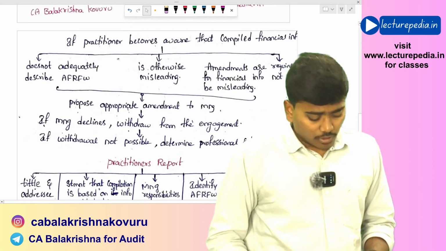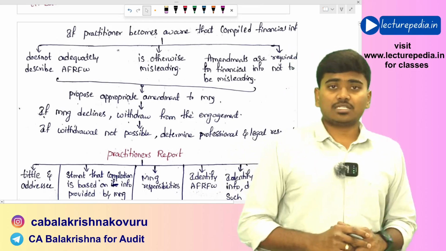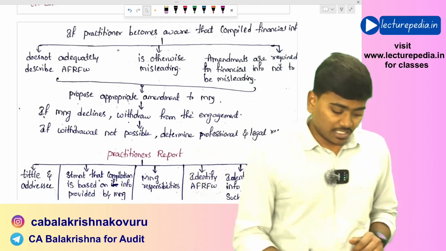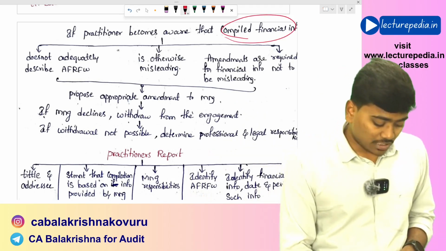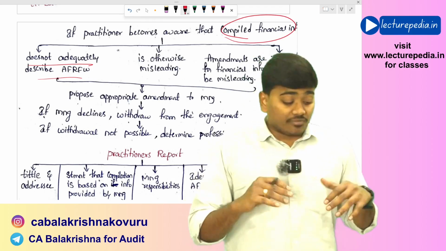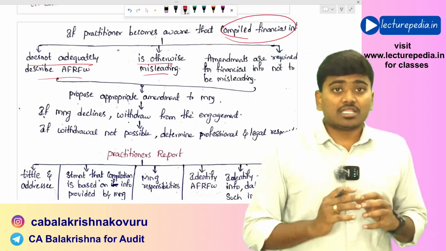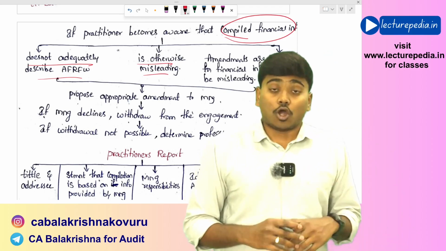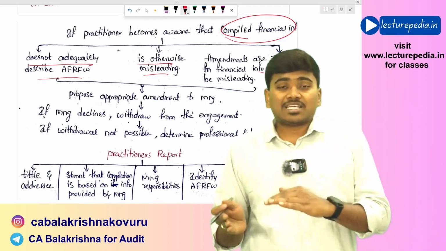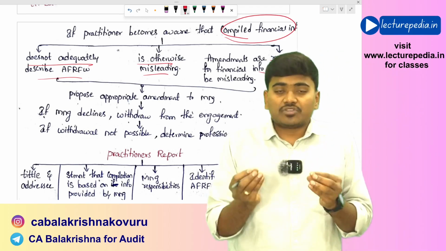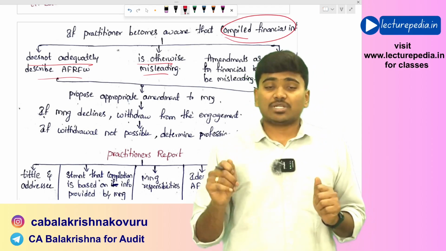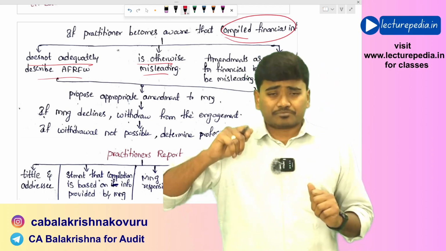During this compilation engagement, if the practitioner comes to know that the compiled financial information does not adequately describe the applicable financial reporting framework, or there are any misstatements in the compiled financial information, or any amendment is required in order to correct those misstatements, if any of these three is found, then the practitioner needs to communicate to the management and amend it.